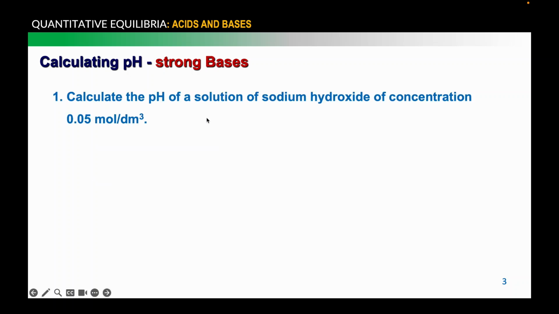Calculate the pH of a solution of sodium hydroxide of concentration 0.05 mole per dm cube. So students, here, as I already told you, we need to use two different formulas. The number 1 formula we will use is pOH equals negative log 10 of the concentration of hydroxyl ion. Now here we are provided with the sodium hydroxide concentration.